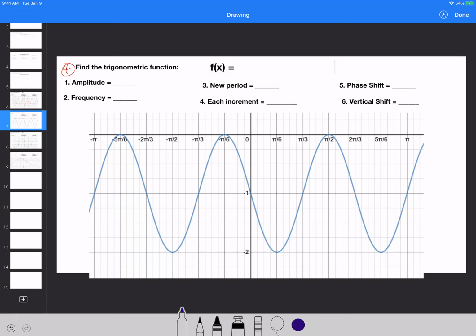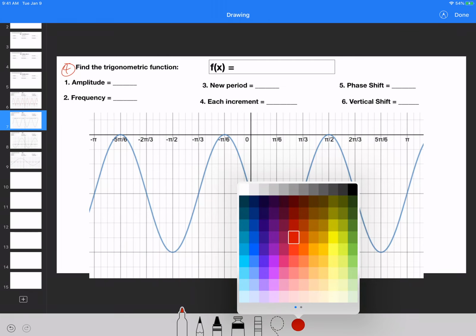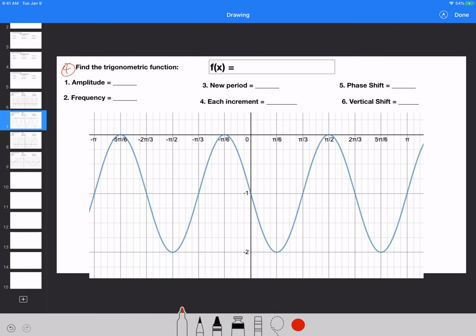Try this on your own first, and then let me know when you have it, and then we'll go over it together as a class. First, establish your midline. It should be pretty clear that it's -1. I start at the middle, so I know that it's going to be some sort of a sine wave, but it goes to minimum right after that, so it's a negative sine wave.